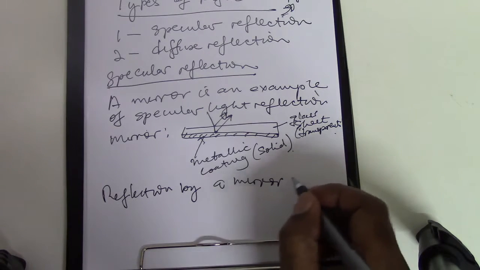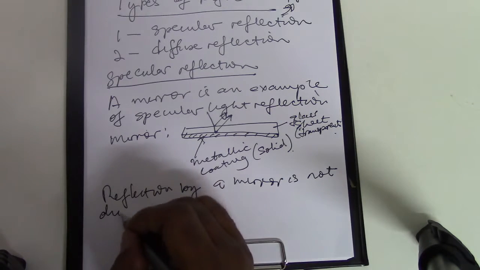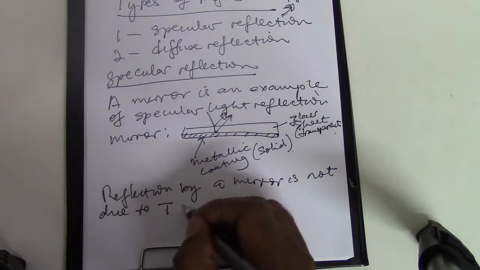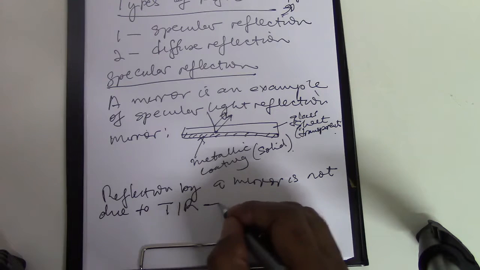Reflection by a mirror is not due to total internal reflection. Now check why.